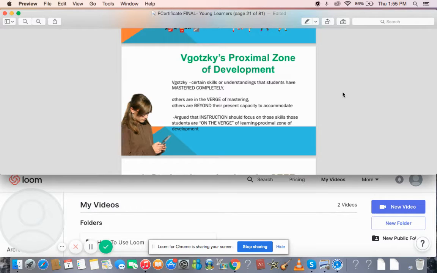Okay, so if we want to maximize the potential learning of our students, we have to teach them something that they haven't completely mastered, but that is not so difficult for them to gauge. So it's like one level ahead of them. For example, we have escalating difficulty.